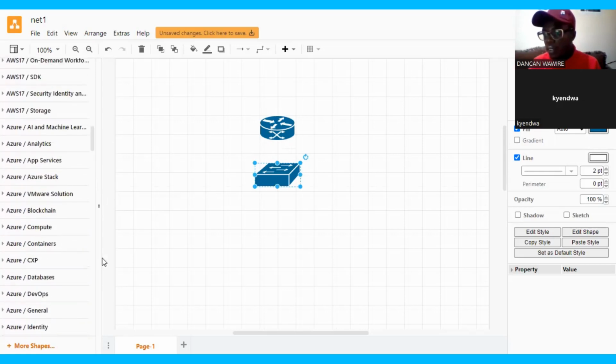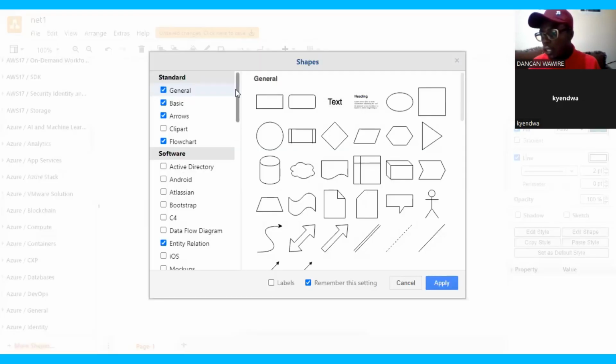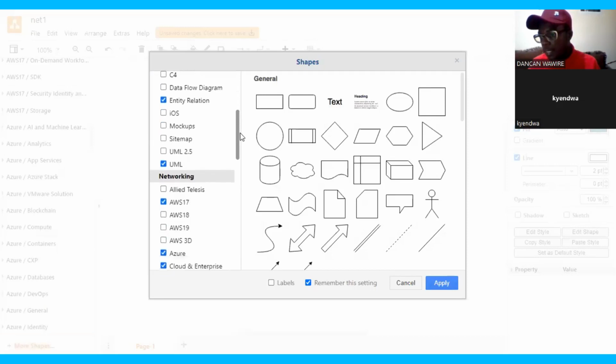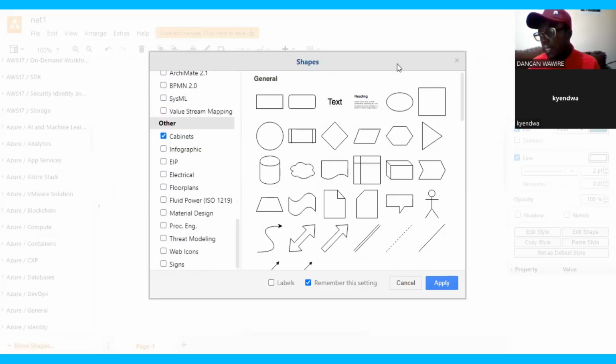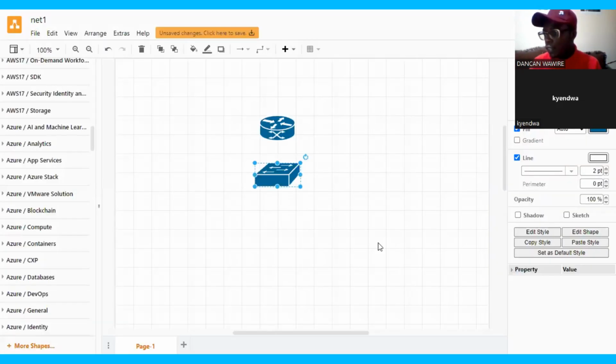Again, if it's not there, you simply come to more shapes and look for it and click on it, click where you want it added. So that's how it works. I just wanted to show you guys that. But it's like drawing, but you can still do it by hand. You don't have to use the software.